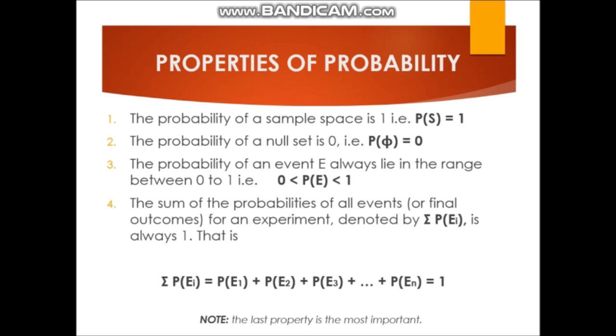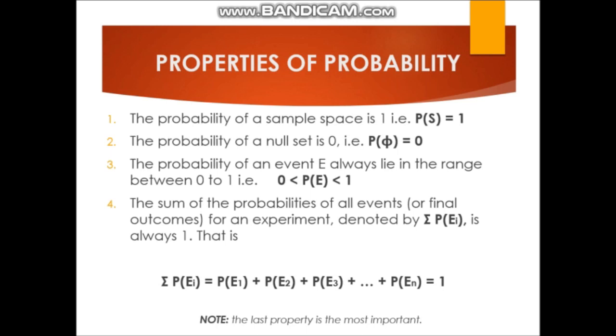And number 4, the sum of the probabilities of all events or final outcomes for an experiment, denoted by summation of probability of an event, is always equal to 1. That is, a summation of probability of an event is equal to the probability of event 1 plus the probability of event 2 plus the probability of event 3 up to the probability of event sub n must be equal to 1.